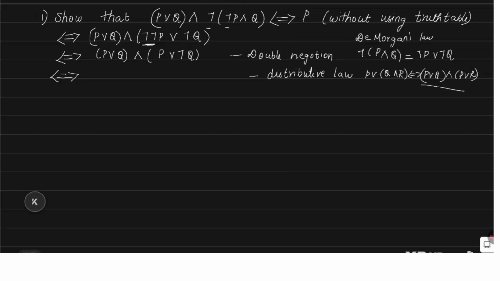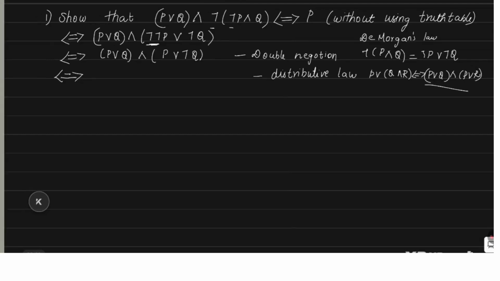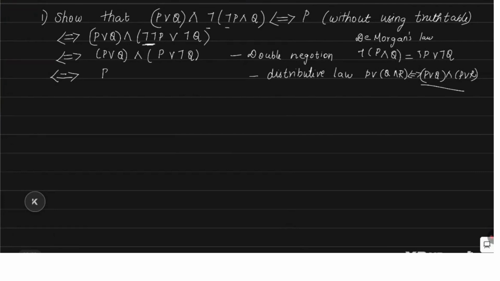According to the distributive law, you can write it as P or (Q and not Q). Now we use the inverse law: Q and not Q is obviously false. So we have P or false.